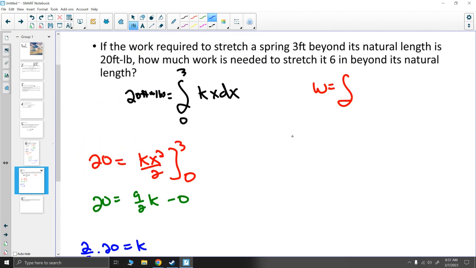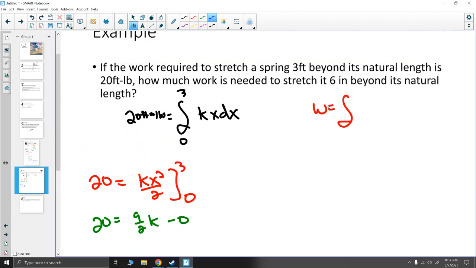Now we're going to use the spring constant to find the work needed to stretch it 6 inches beyond its natural length. So this is the integral of 40 over 9 x dx. Now the common mistake here is to say from 0 to 6, but we're not stretching it 6 feet beyond its natural length.